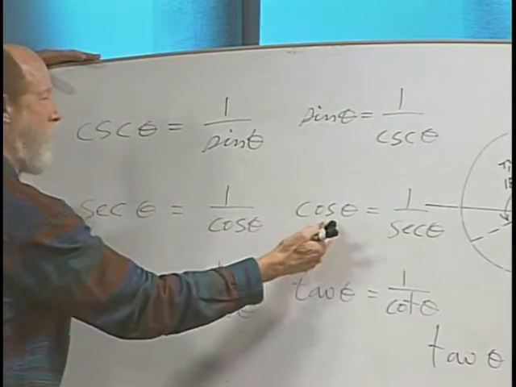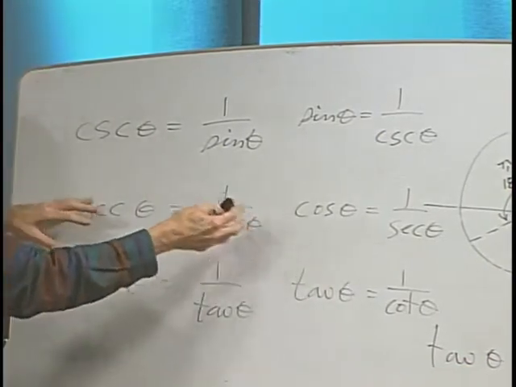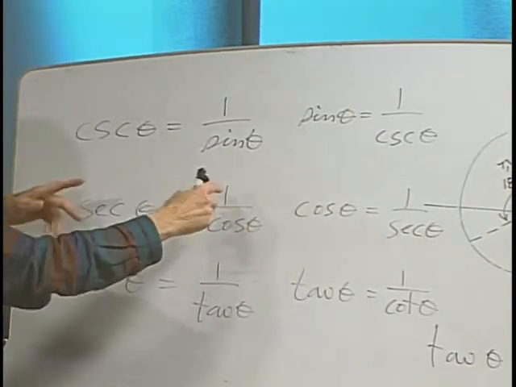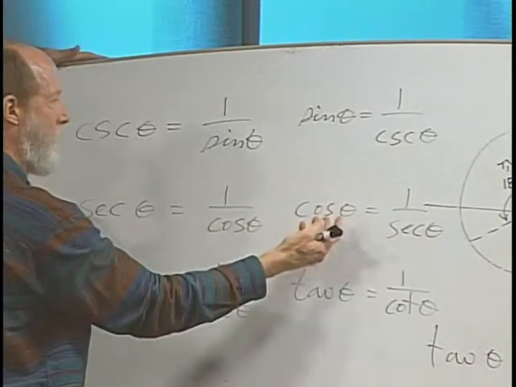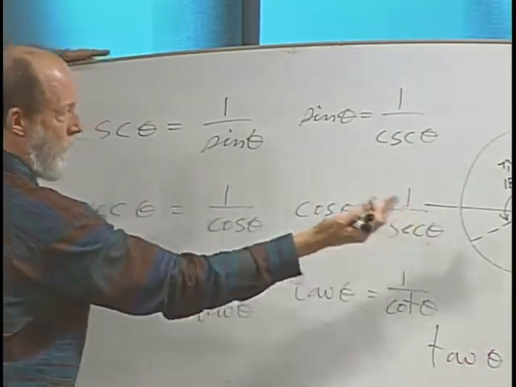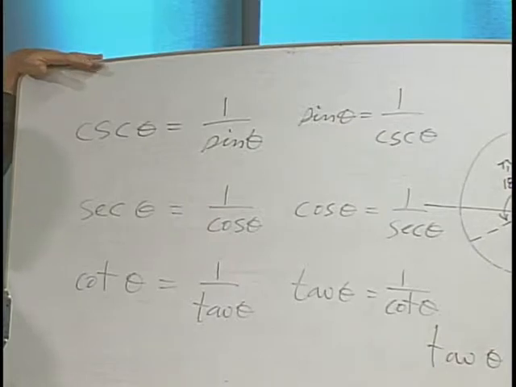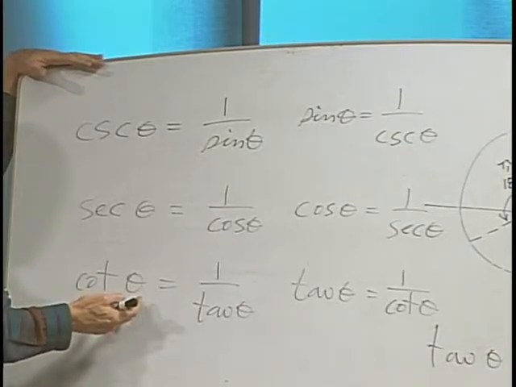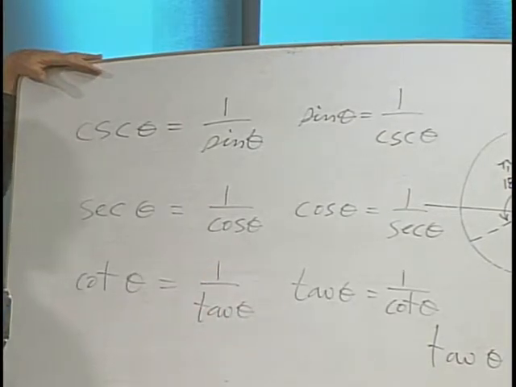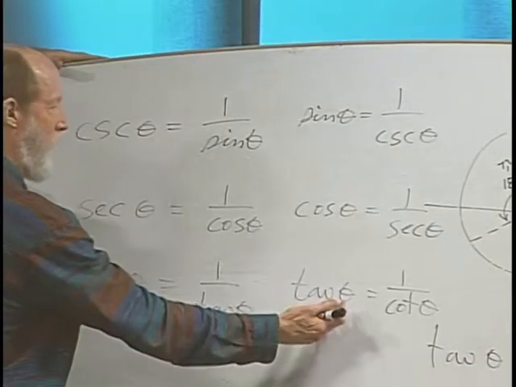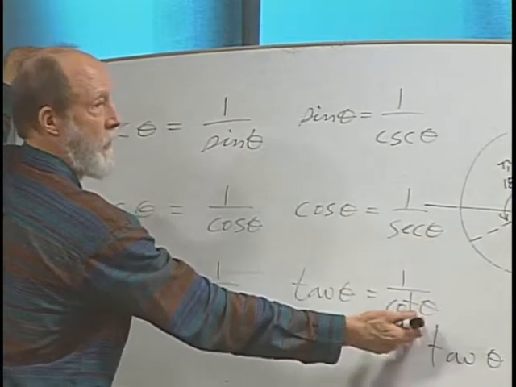The cosine function is then the reciprocal of the secant function. And finally, the cotangent function is the reciprocal of the tangent function, and therefore the tangent function is the reciprocal of the cotangent.